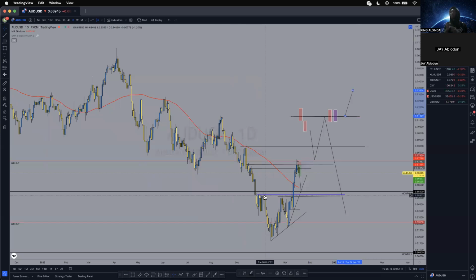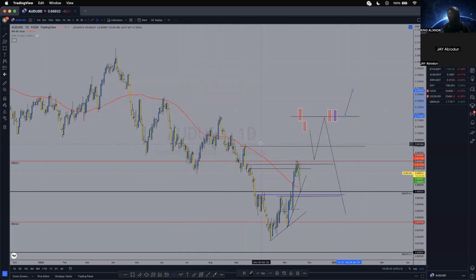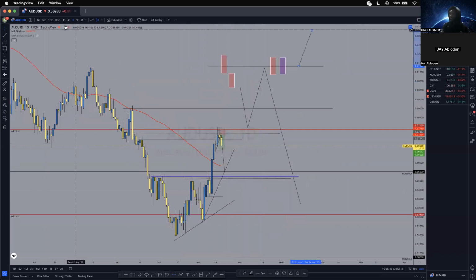They look the same, but there is a slight difference between resistance and a point of structure, either support or resistance, demand or supply, and a point of structure, which is higher low or lower high. So you can have a resistance, and that resistance will not be a point of structure. Let me break that down to you.